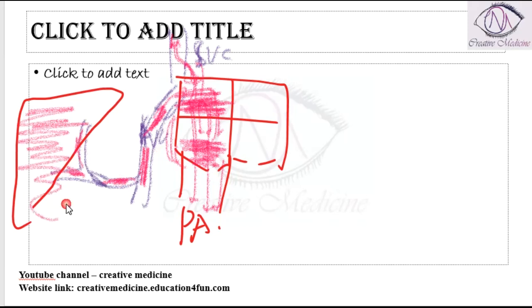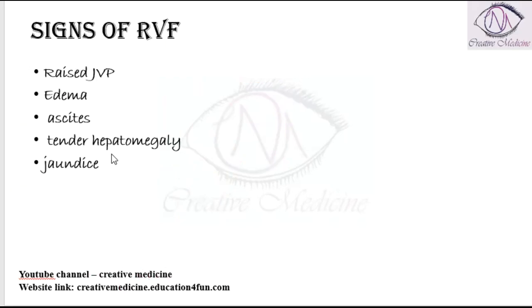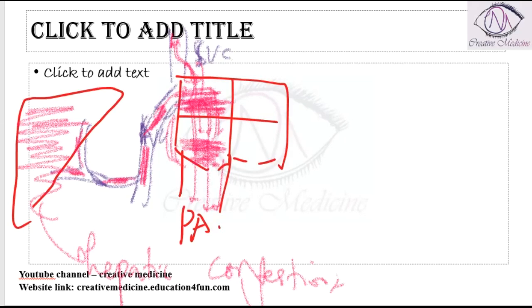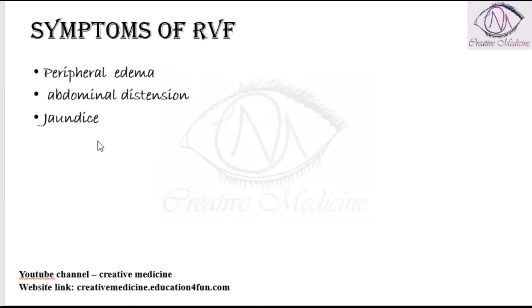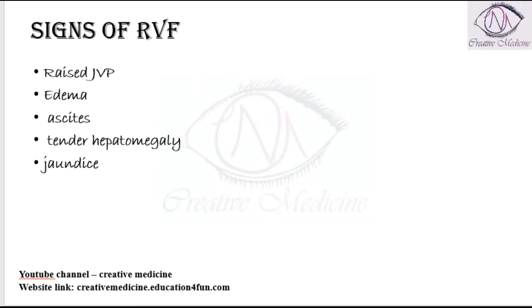So there is hepatic congestion, or increased blood in the liver, seen in this case. Because of the increased blood in the liver, the liver starts to swell. So there is tender hepatomegaly, and obviously jaundice is also seen. So jaundice is seen in the patients.